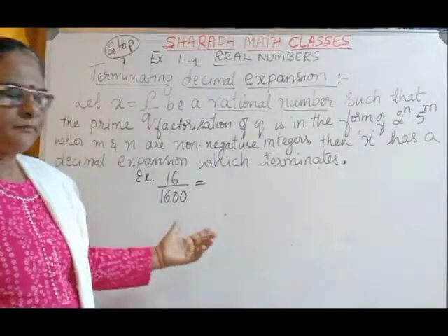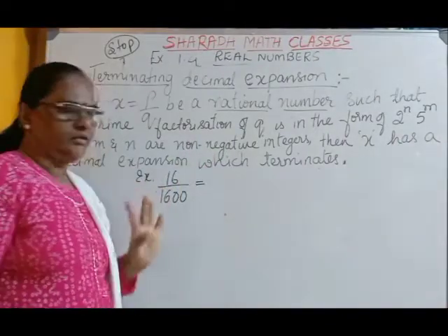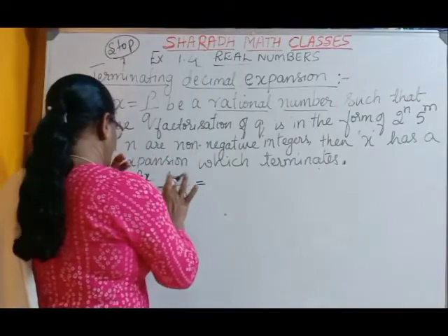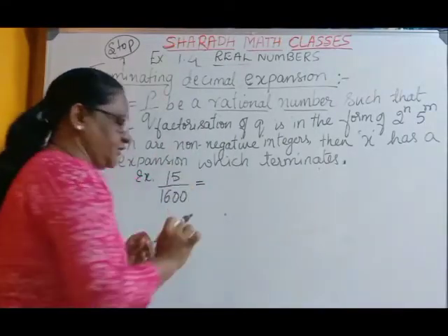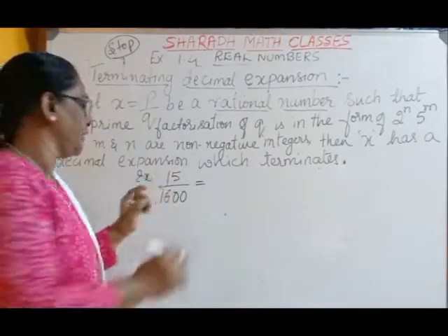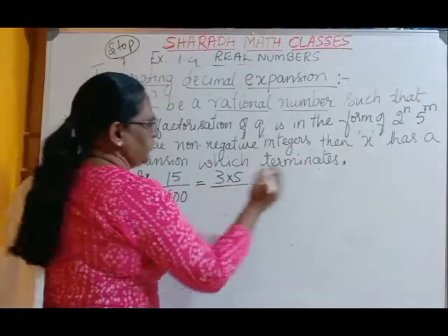Second example, let us take one more example for this: 15 by 1600. Now let us take the factors for the numerator and denominator. 15 can be written as 3 times 5.